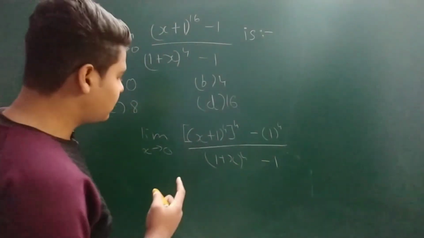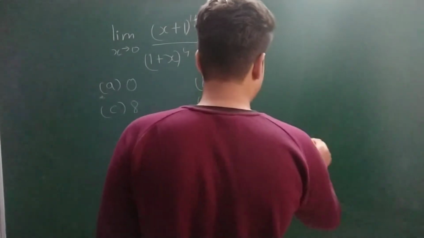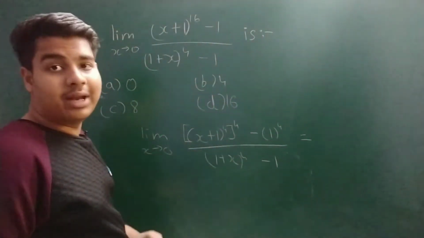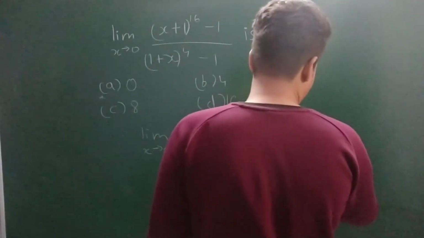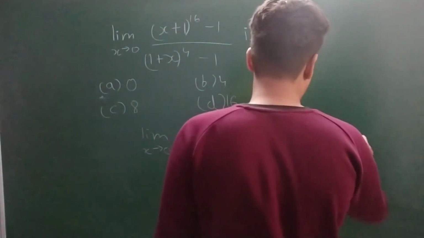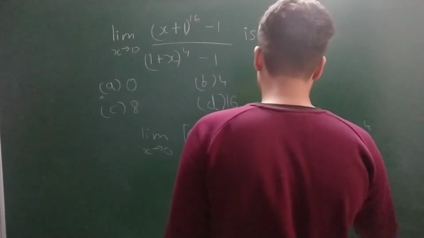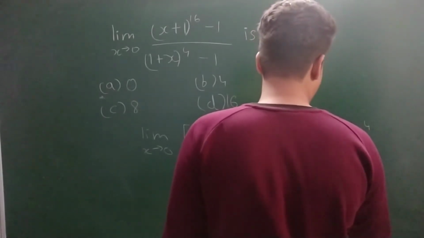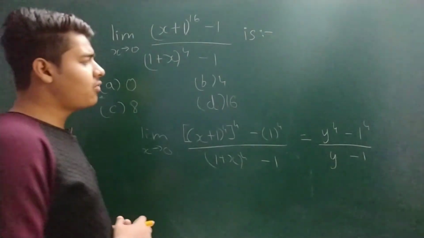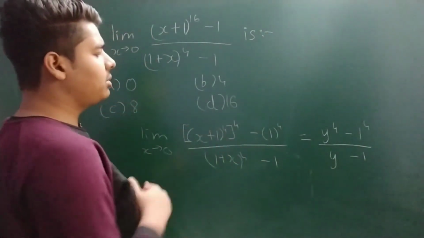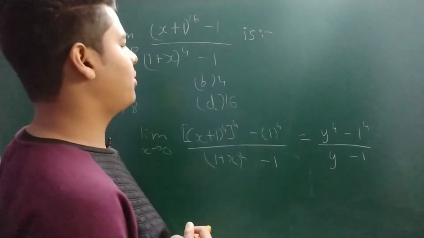And from this we can get this in the form of, if I consider this x plus 1 as y, then it will be in the form of y to the power 4 minus 1 to the power 4 upon y minus 1, which means it is in the form of y to the power 4 minus a to the power 4 upon y minus a.